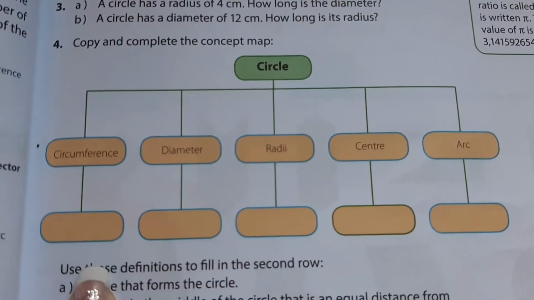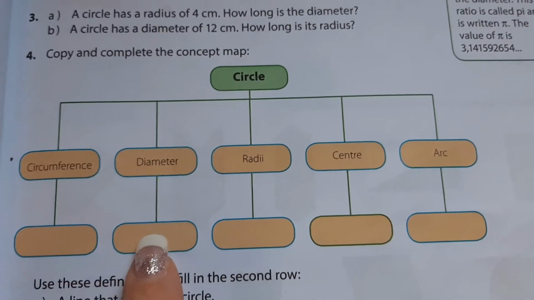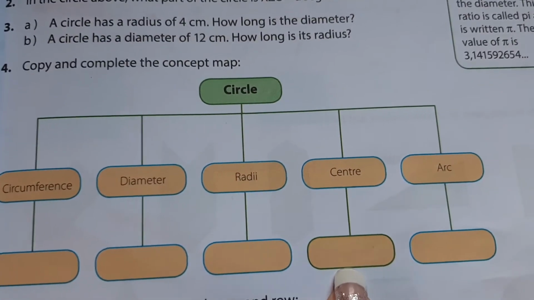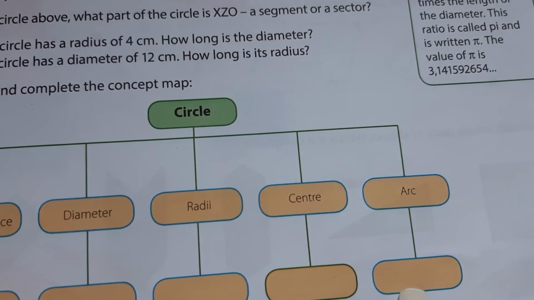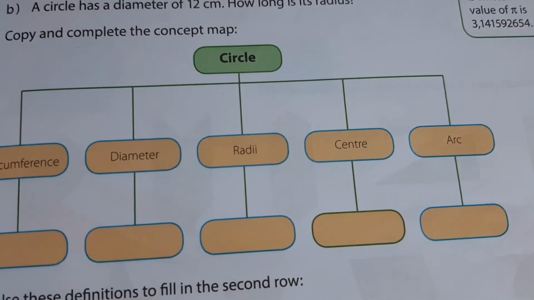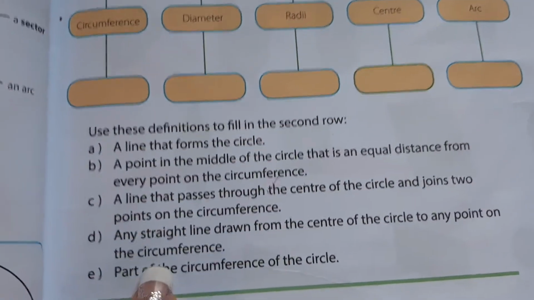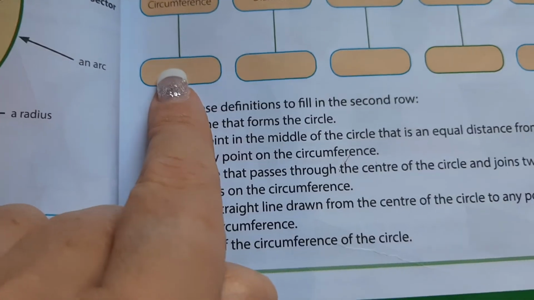Let's call it the family tree of the circle. So here you just tell me what the circumference is, what the diameter is, what the radii are, where the center of the circle is, and what an arc is. Now here they give you, isn't this nice, all the definitions. So you just take the sentence and write it in there.